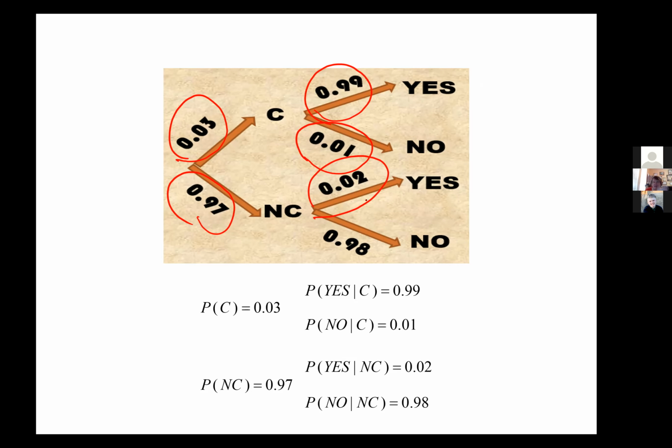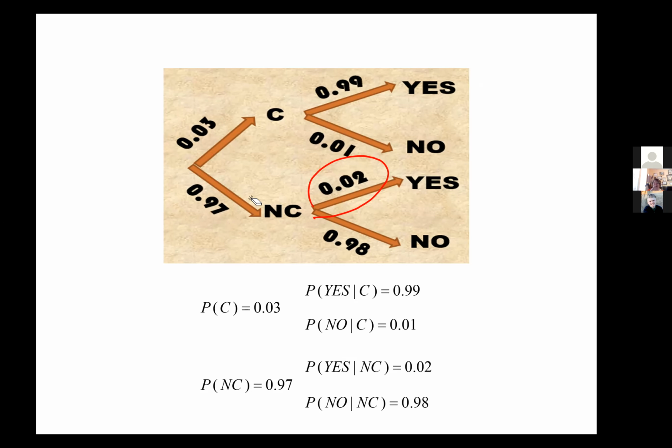So this tree diagram is a much better way of looking at this than just listing the different probabilities. But then we can list them. So the probability of having cancer is 0.03. The probability of testing yes, given I have cancer, is 0.99. The probability of me testing no, given I have cancer, is 0.01. The probability of no cancer, that I don't actually have this kind of cancer, is 97%, 0.97.